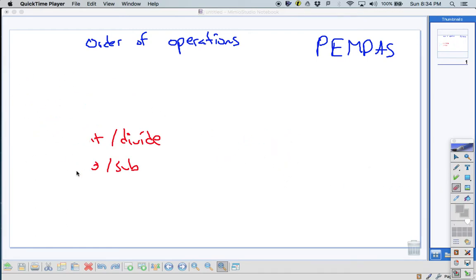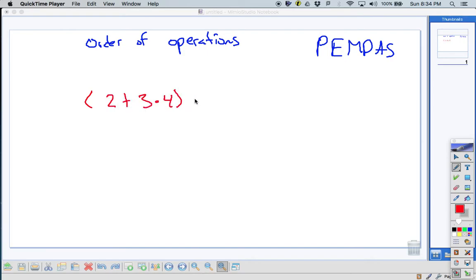Let's say that I give you some complicated problem, and here we'll put some parentheses in it. And, let's make it a subtraction. Okay, so we're going to use PEMDAS to solve this.